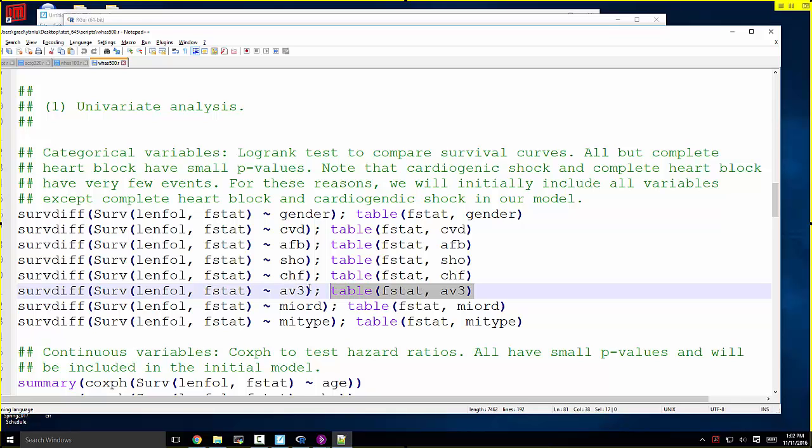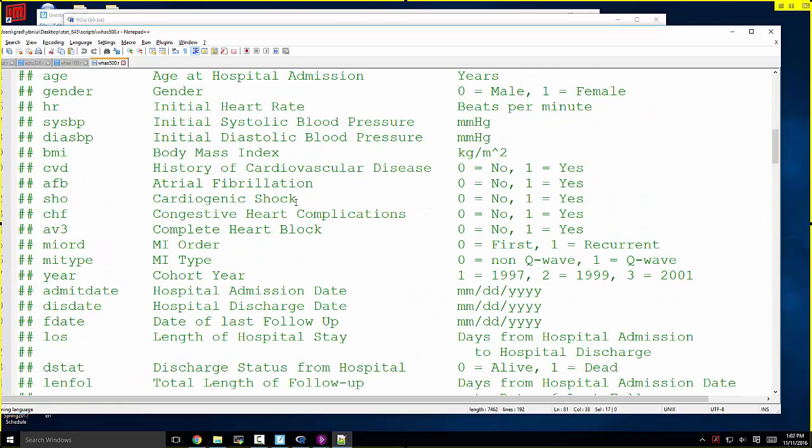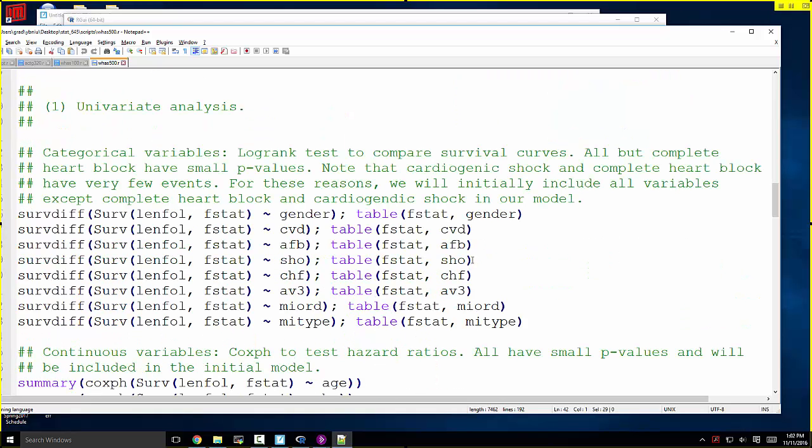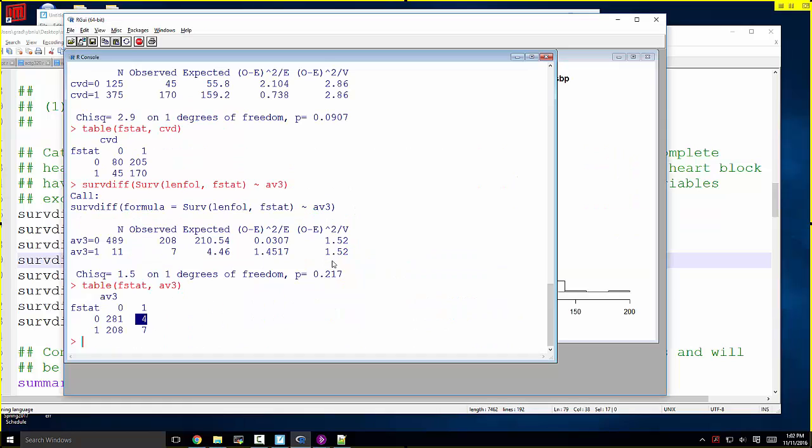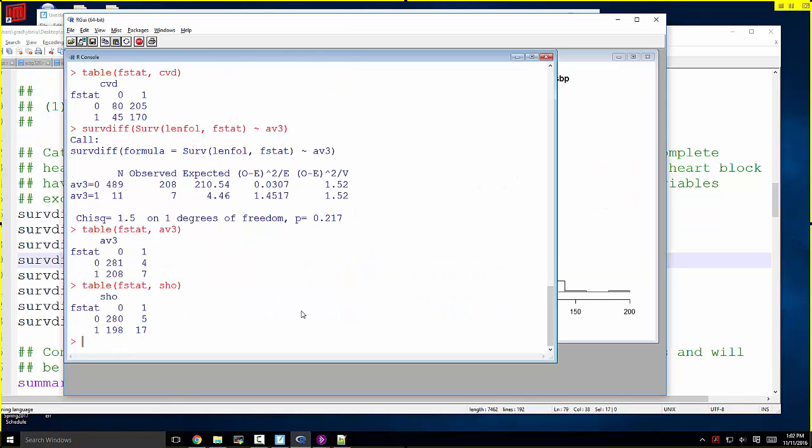And also cardiogenic shock, which is SHO, has a similar issue. It has few events in one of its categories. So this was also a rare event. Only 22 people had this event.